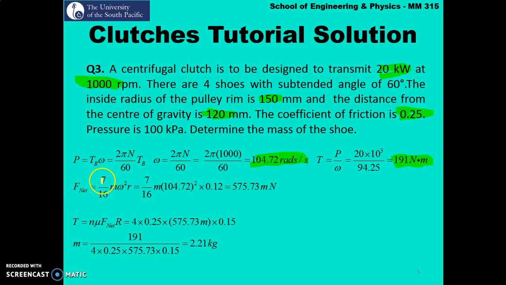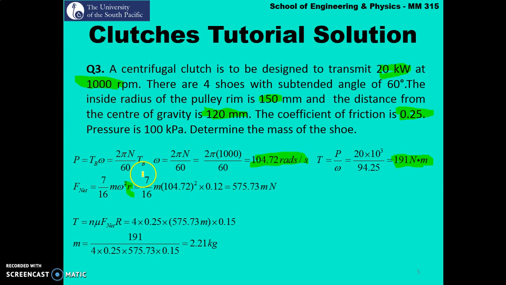So your net force is 7/16 m omega squared r. m is the mass of the shoe, omega is your angular velocity, and r here is the distance to the center of gravity, which is 120 mm.